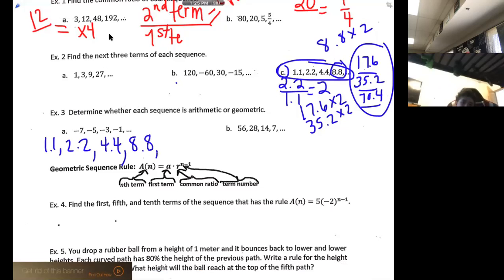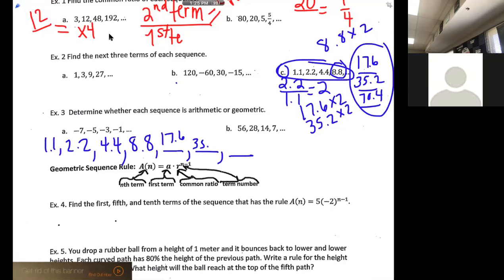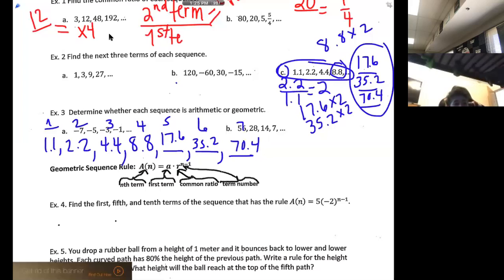Then we figured out the next 3. Because this was the first term, this was the second term, this was the third term, fourth term, fifth term, sixth term, seventh term. Now, that wasn't too bad. But what if, instead of finding the next 3 terms, we were asked to find the 24th term?